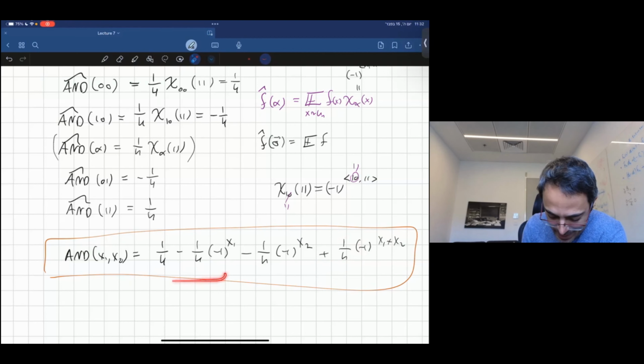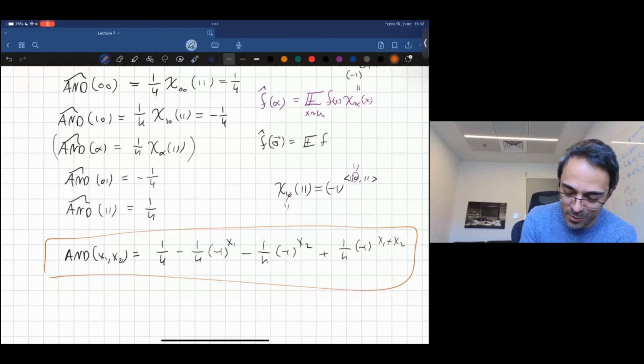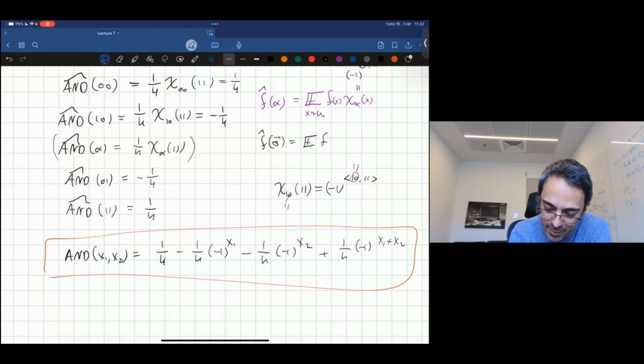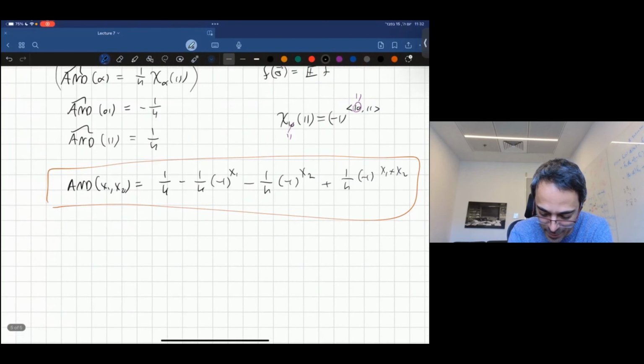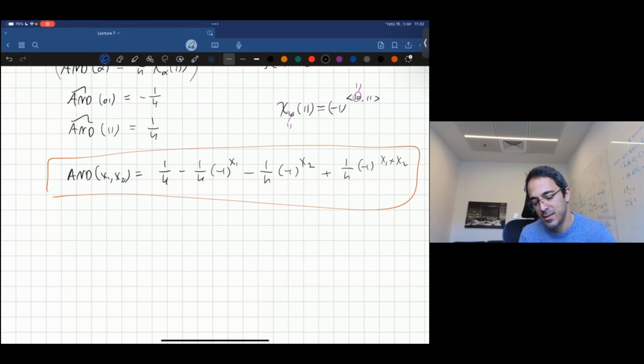So it looks weird, but that's actually true. That holds. It's a weird way of writing things maybe, but that works. You never probably saw ANDs looking like that. Usually you write it like a product. But I meant to write it in terms of the Fourier basis. So good.